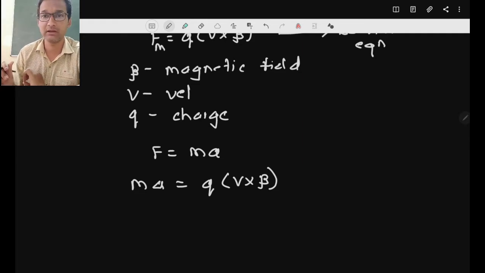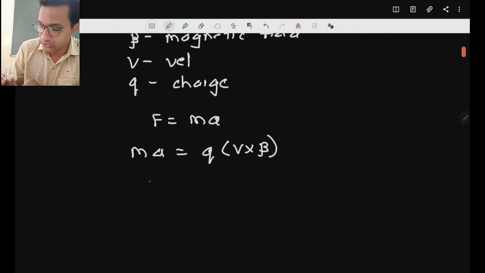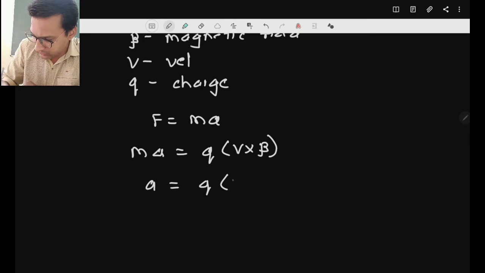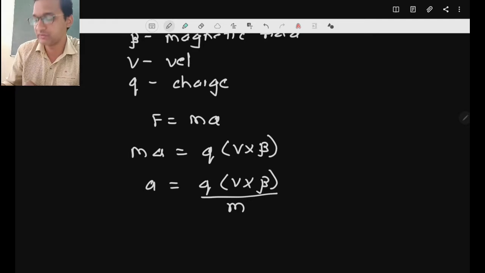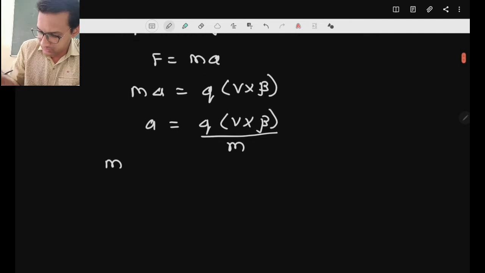Now, from this we can easily find out what is the equation for acceleration. So, acceleration will be equal to Q into V cross B divided by the mass of the charged particle. This M is the mass of the charged particle.